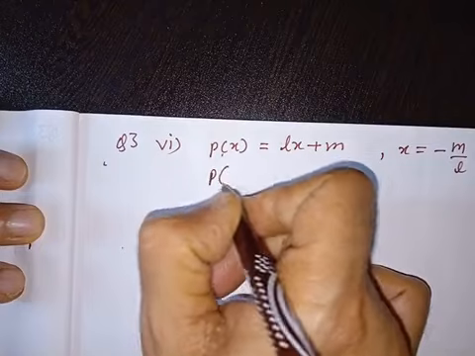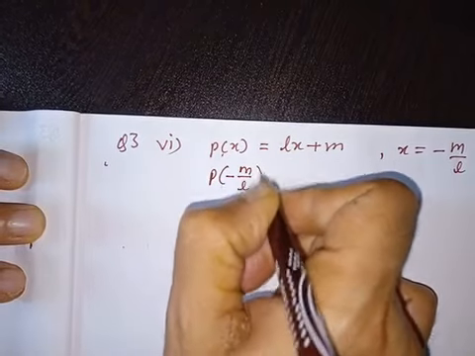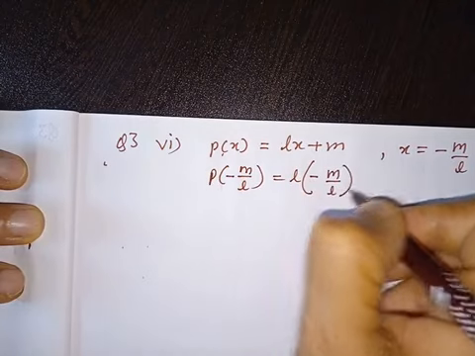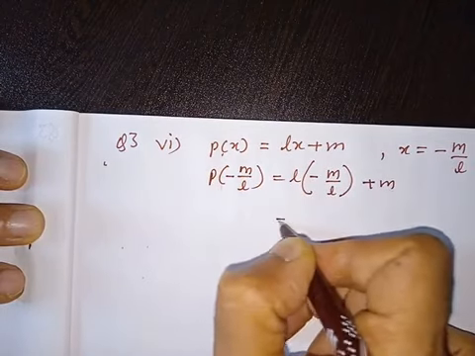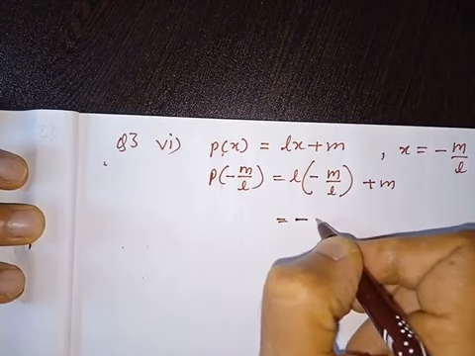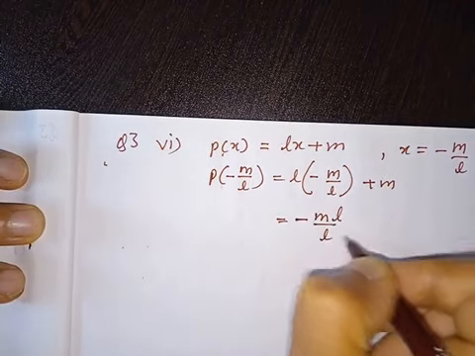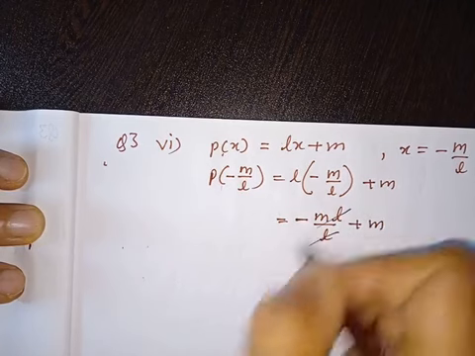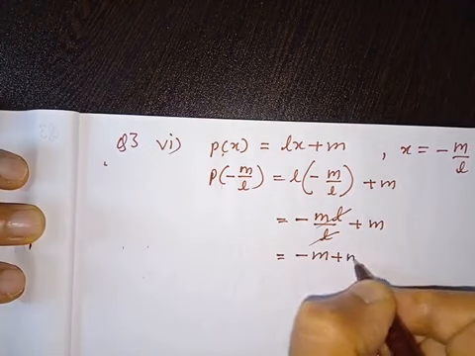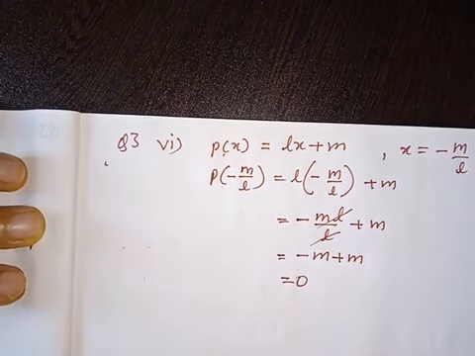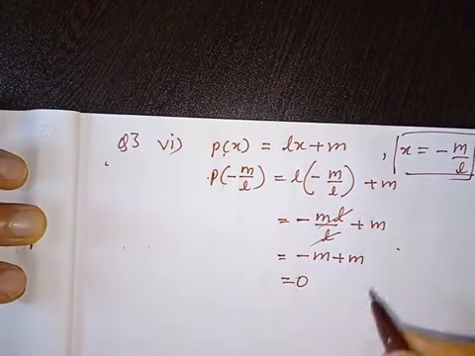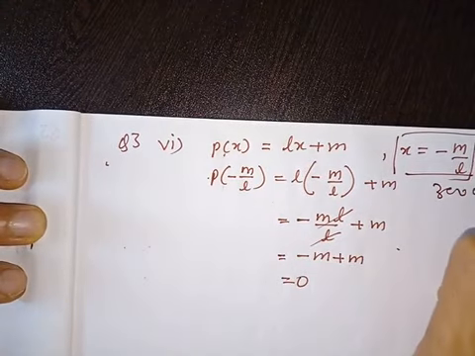So we get P(minus m by l) equals l multiplied by minus m by l plus m. On solving this, we can write minus ml upon l plus m. l gets cancelled, so minus m plus m equals 0. Hence, minus m by l is a zero of the polynomial.